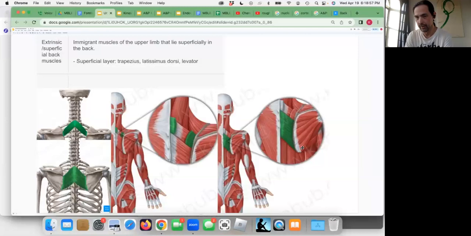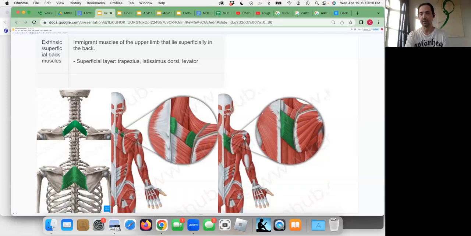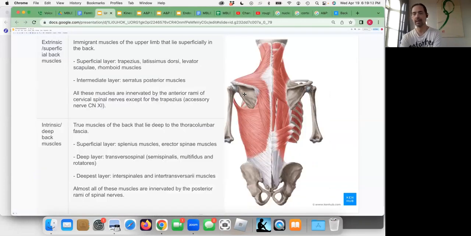So these 5 are all the infraspinatus muscle, and they appear to attach on the back or the outside of the humerus, not the inside of the humerus. You can't really see it because it's covered up by the delt. But if we go back to the latissimus dorsi, the latissimus dorsi attaches here on the medial side, the inside of the humerus, and the infraspinatus is going like this, and it's attaching more to the lateral aspect of the humerus. So it would do external rotation, right?